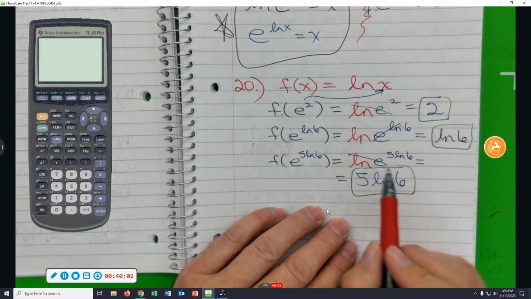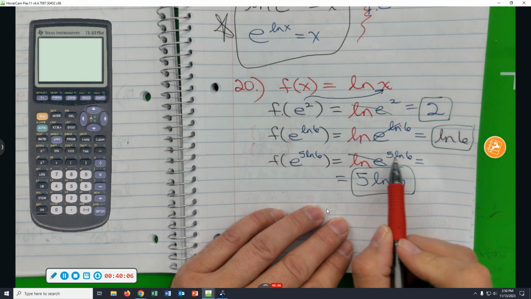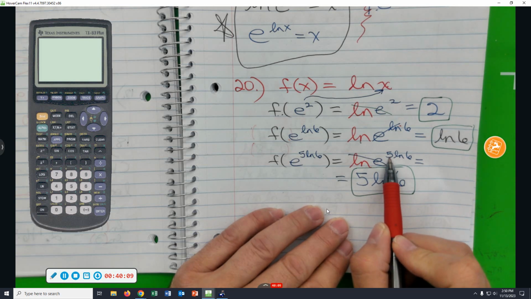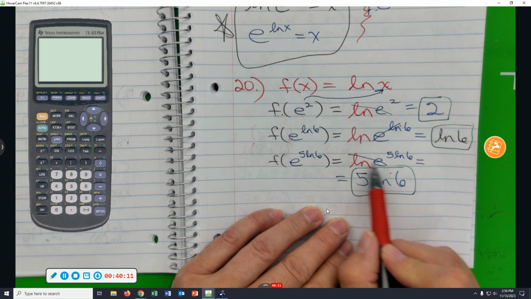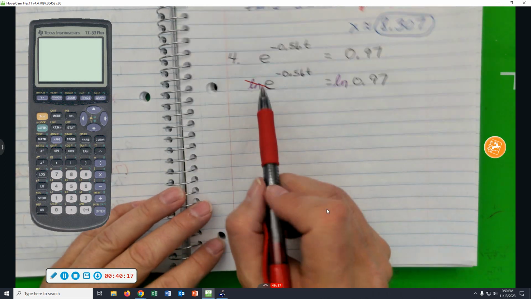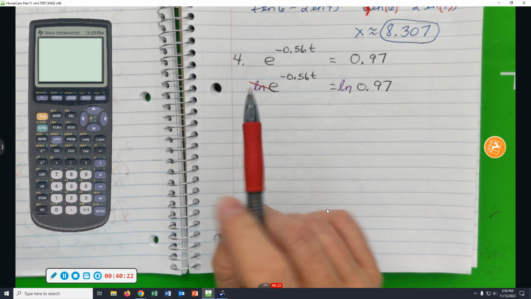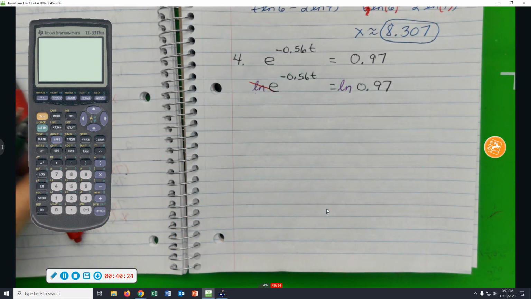Right here, you can't cancel the e with the blue ln because there's a 5 in between them. The only thing you cancel would be the red ln and the blue e. If ln and e are side by side, they cancel each other out. That's what's going to make this work out so nicely here.